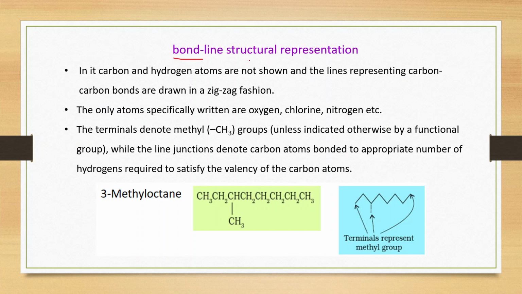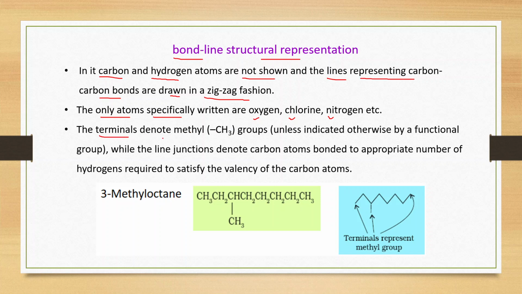Now, bond line structural representation. In it, carbon and hydrogen atoms are not shown, and the lines representing carbon-carbon bonds are drawn in a zigzag fashion. The only atoms specifically written are oxygen, chlorine, nitrogen, etc. That is, heteroatoms other than carbon and hydrogen are specifically written.